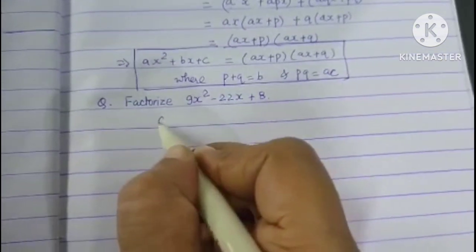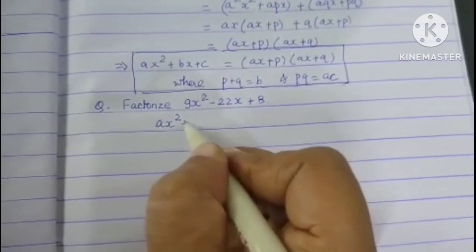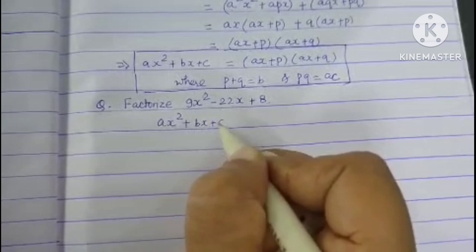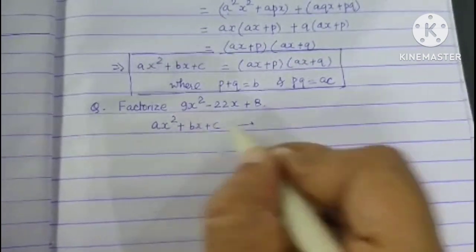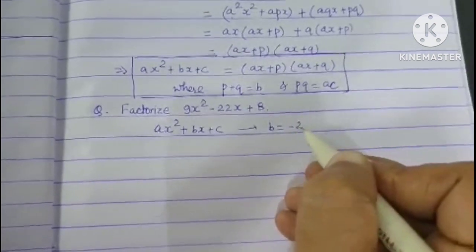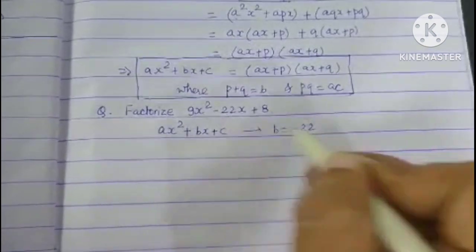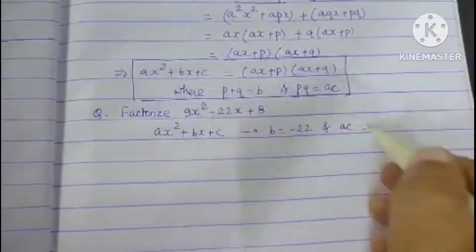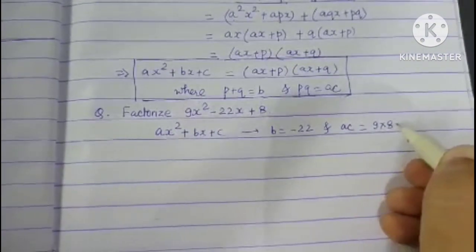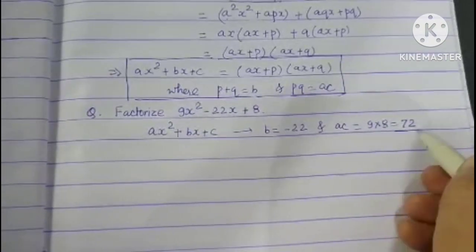If we compare this with the general form, that is ax square plus bx plus c, then you find that b is equal to minus 22, and ac is equal to 9 multiplied by 8, that is equal to 72.